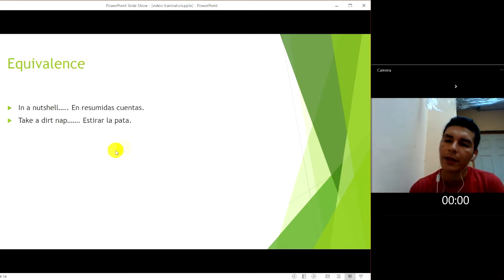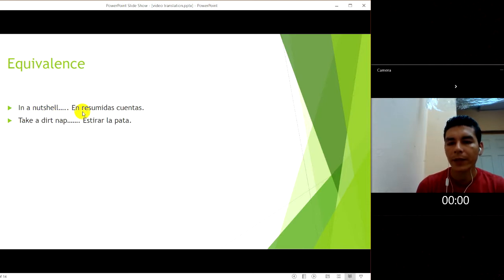Equivalence, well, equivalence is when we use an idiom. Probably here we use words that at the beginning we think are not a literal translation to Spanish. For example, here, "in a nutshell" is an idiom.